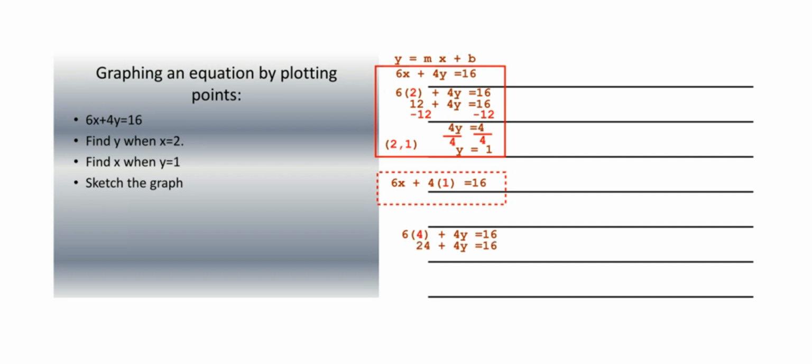So 6 times 4 is 24, and continue to simplify. Let's get rid of the 24 from both sides to solve for y. So that leaves us 4y equals negative 8. And now let's solve for y by dividing by 4 on both sides of the equation, right? 4 divided by 4 cancels out, leaving us just y, and negative 8 divided by 4 gives us y equals negative 2.